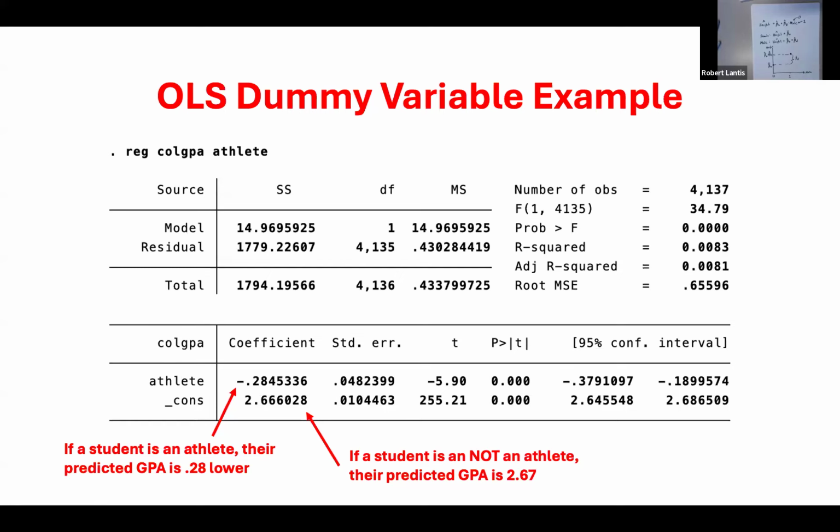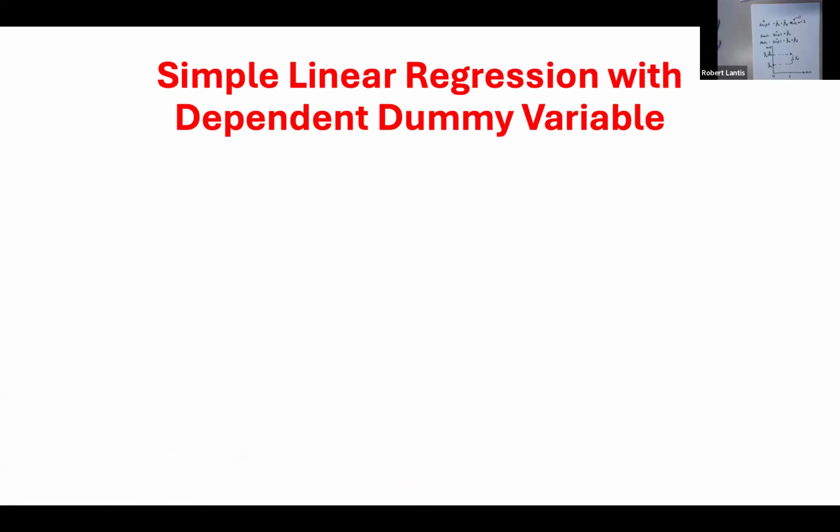So we're only explaining 0.8% of the variation in GPAs with student athletes, which means we're not explaining 99.2%. There's probably a lot of other things that are better predictors of GPA than whether or not they're a student athlete. However, student athlete does have a statistically significant effect, and 0.28 would probably be economically significant as well, because GPAs are usually measured on a 4-point scale. So that's not a small effect.